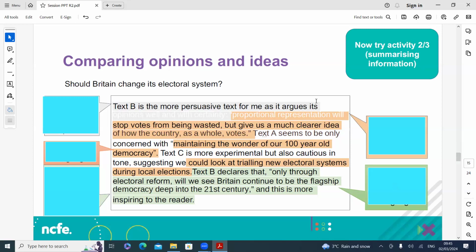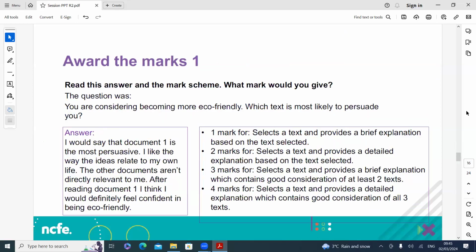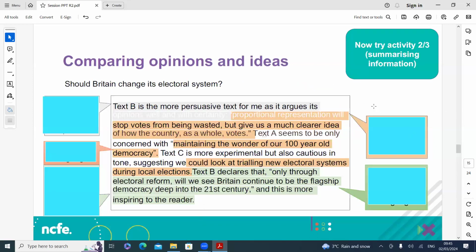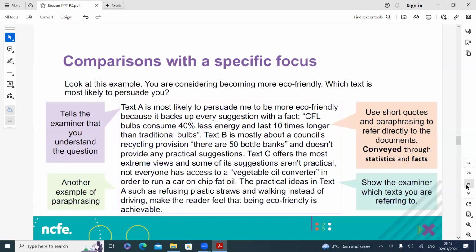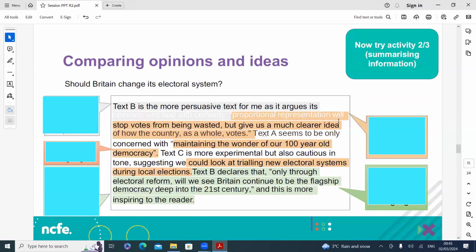So that question is about persuasion. So it's very similar, really, in what it's asking you to do here: which text is most likely to persuade you. You are going to use the text to answer that question.